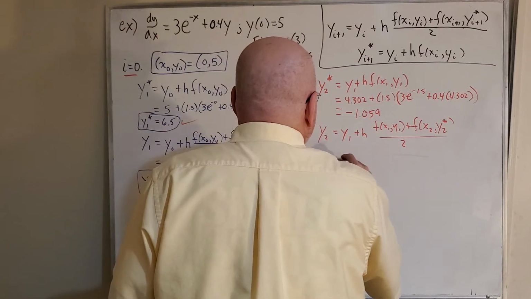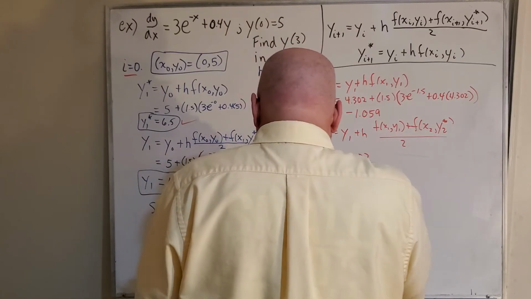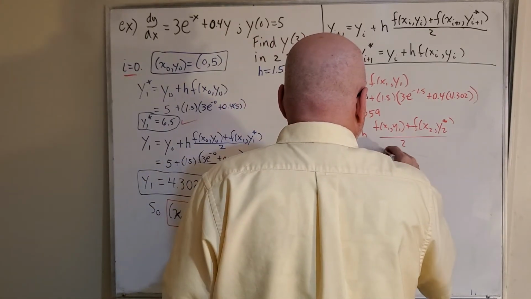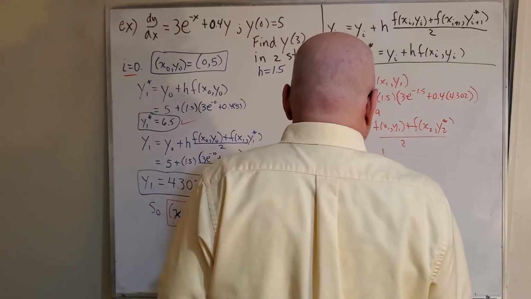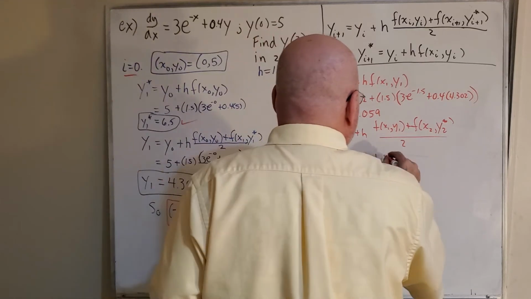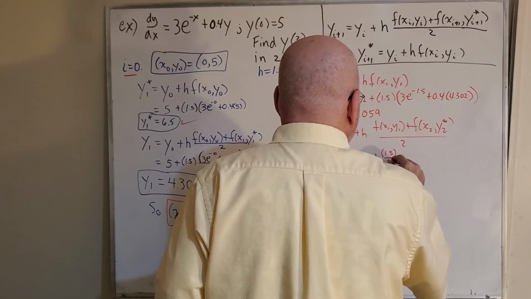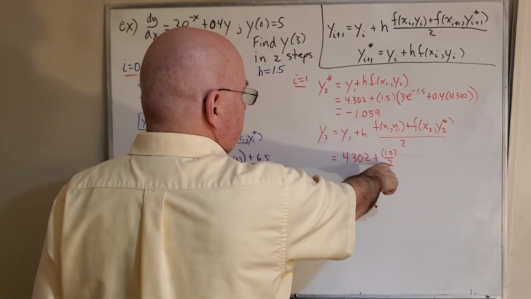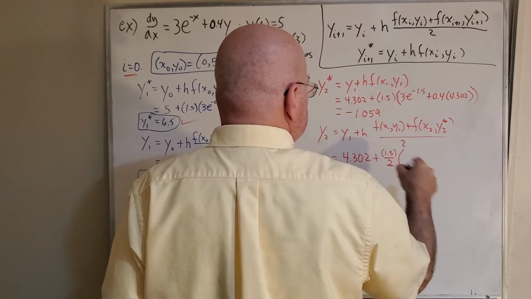So this is going to give us 4.302 plus, maybe I'll put the h is 1.5, and I'm going to put the over 2, h over 2, that's that. So now I can put in parentheses this plus this.